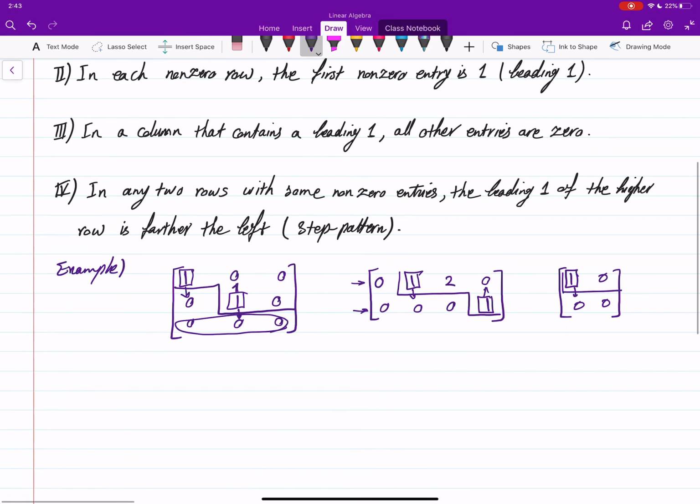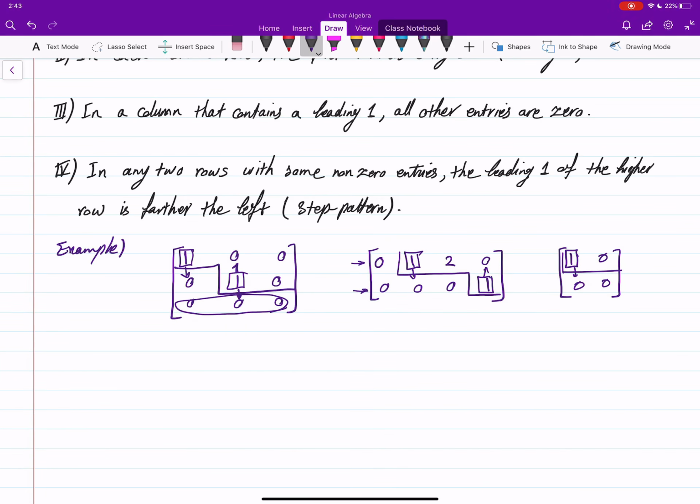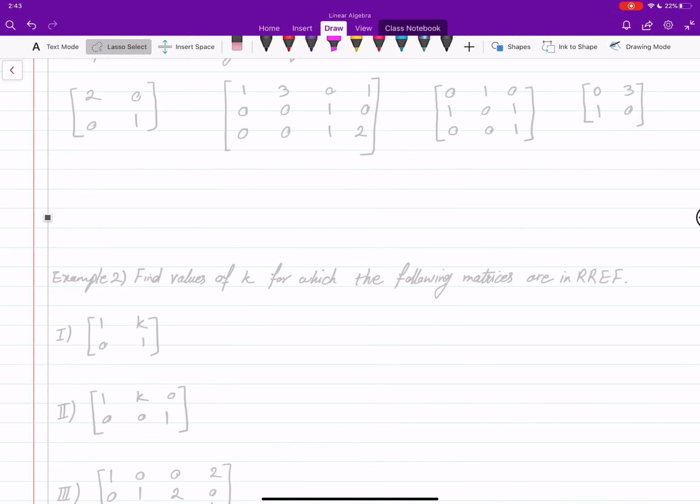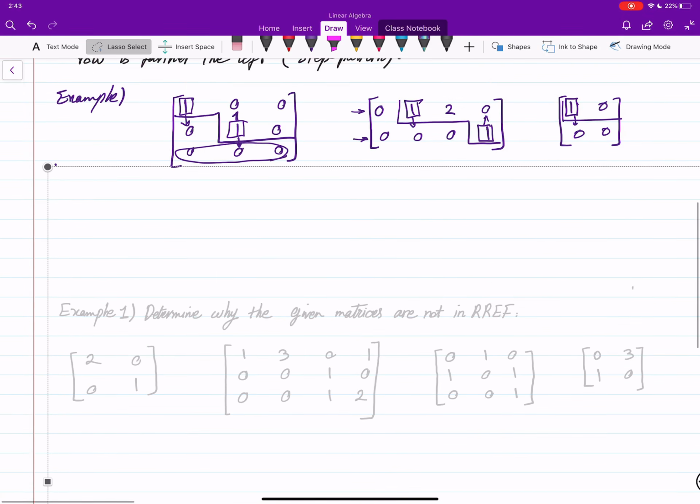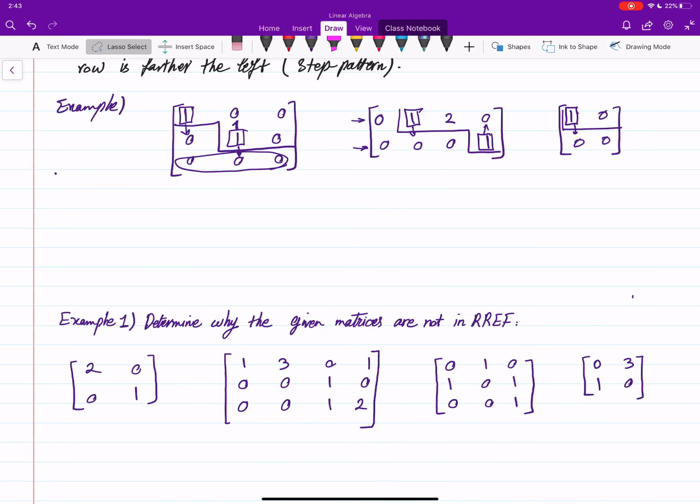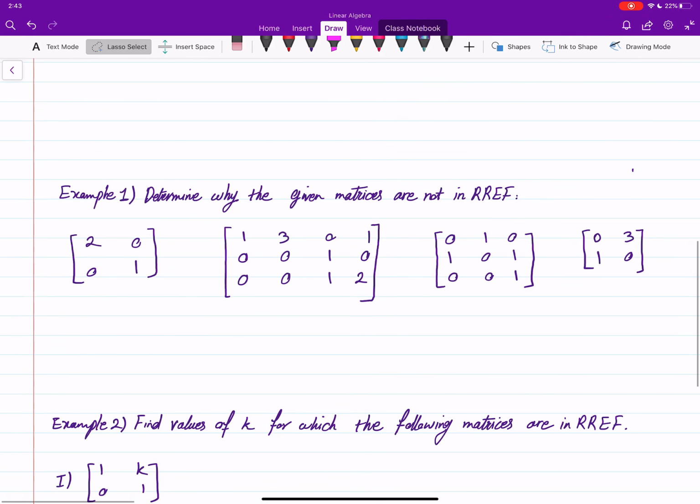Okay, so we have to know these things and be able to work with them. I have prepared some examples for you, so go through these and see how everything works.